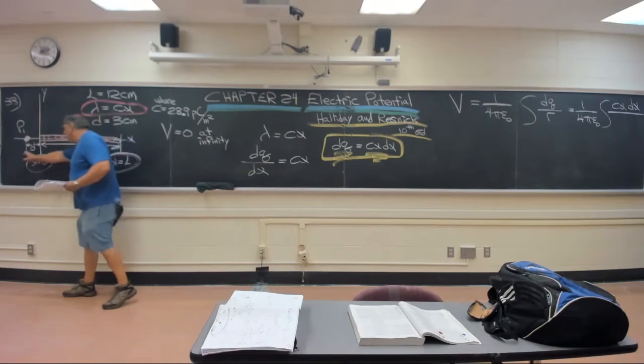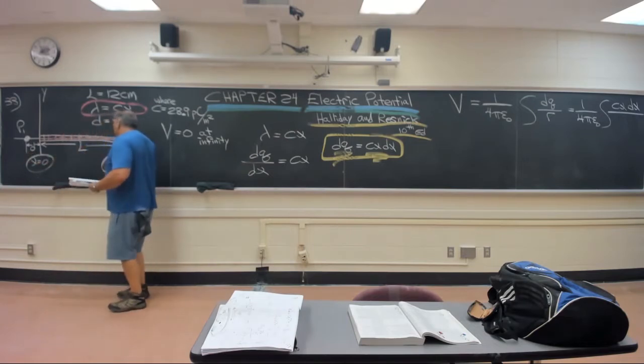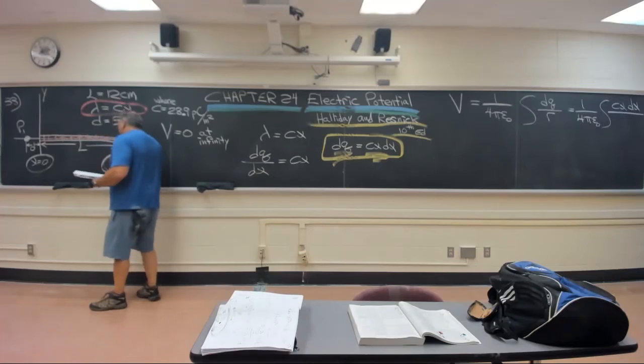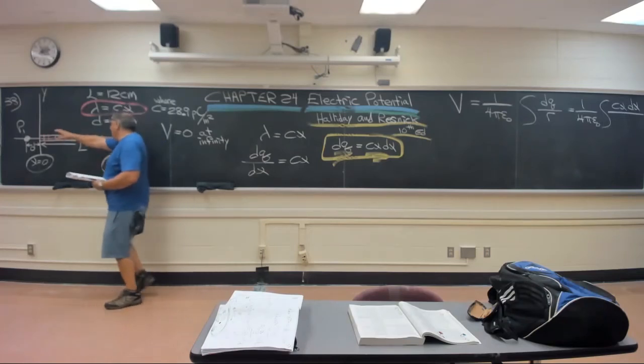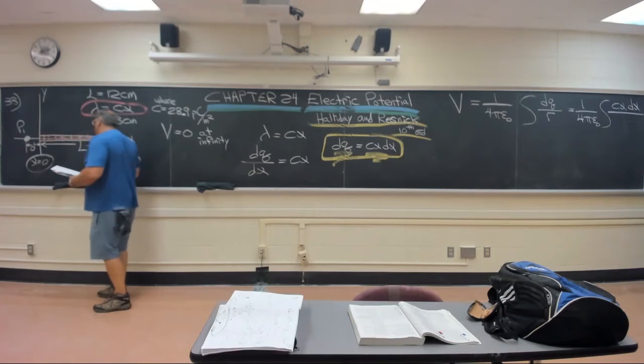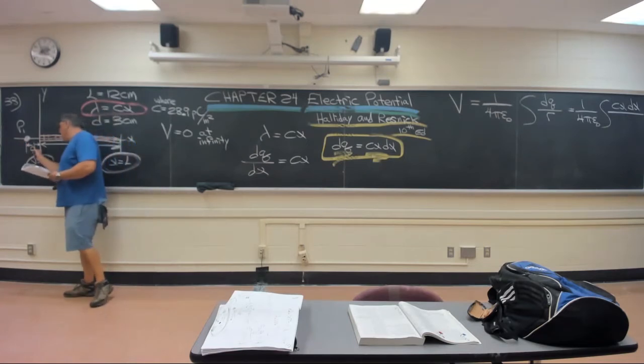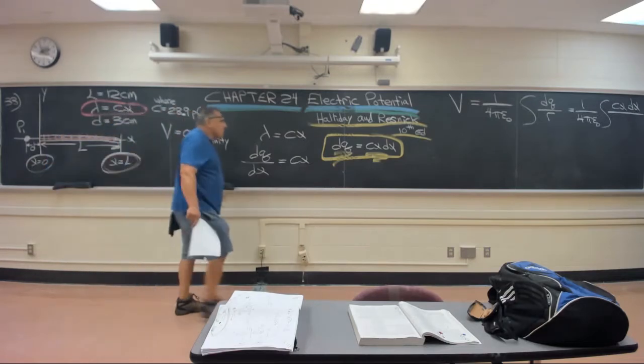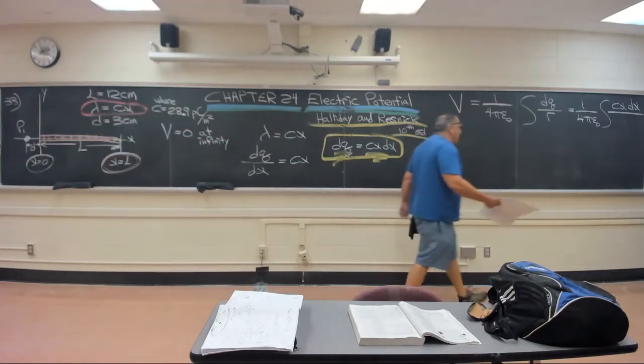From here to here is d, from here to here is L. That distance from way over there to here is d plus capital L. From here, that distance is just d. So d to d plus capital L.